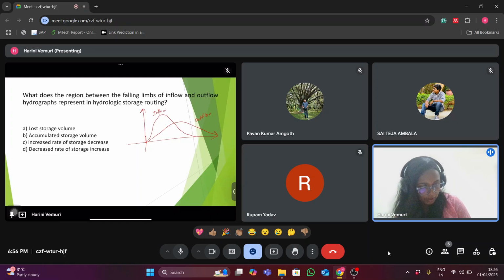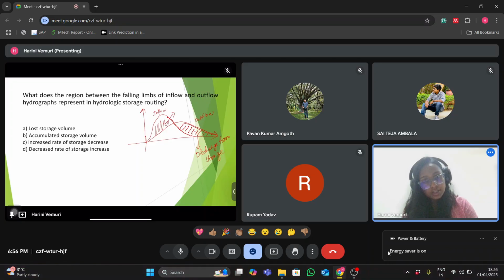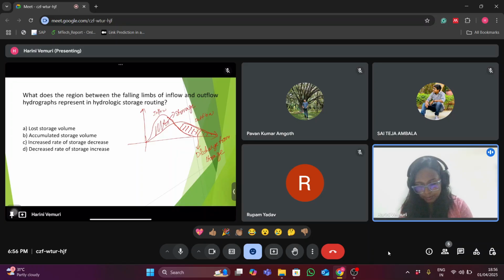They are talking about the falling limbs, the area between these. So this is the area that they are talking about. We have discussed that this is the discharge from the storage. This area corresponds to the storage that is occurring in the reservoir. So the answer will be option A, lost storage volume.